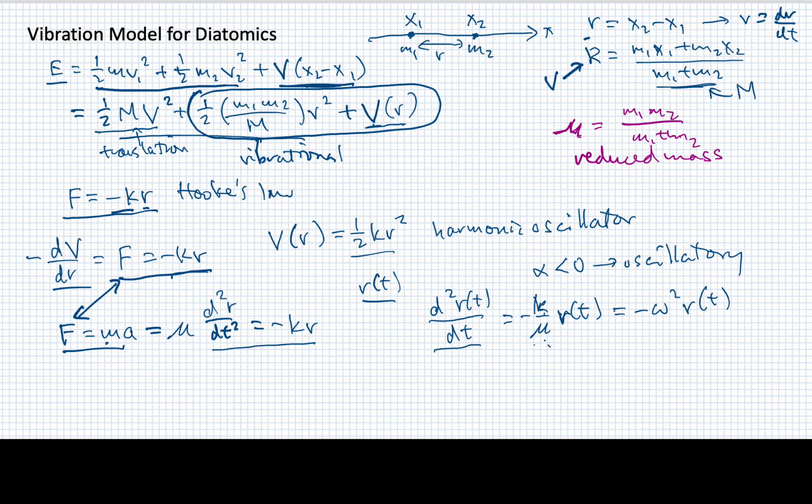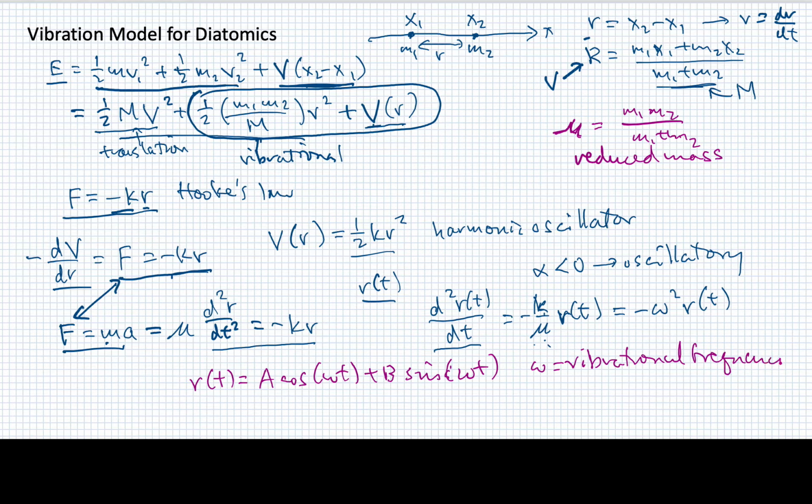But we have here a differential equation for which we can directly write down a solution because we've seen it before. And in fact, I'm going to write that solution now as a cosine omega t plus b sine omega t. And omega now is the vibrational frequency that this particular system would have.